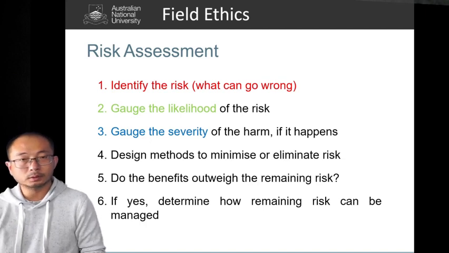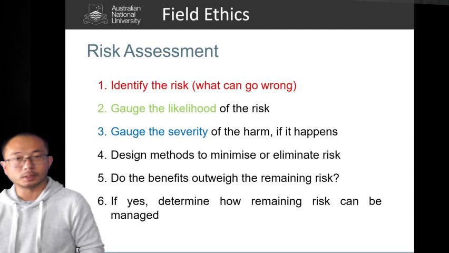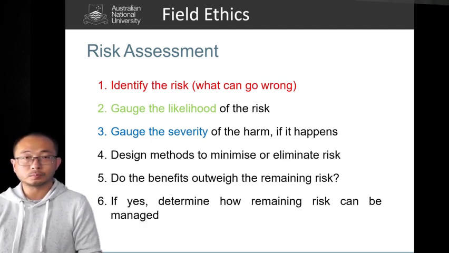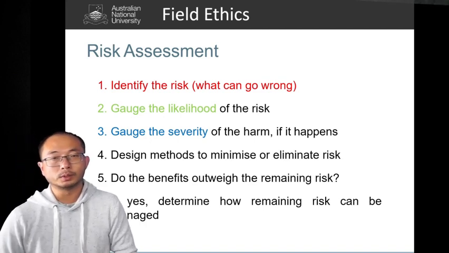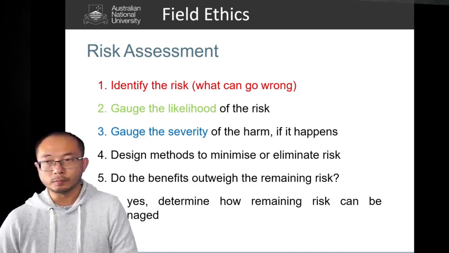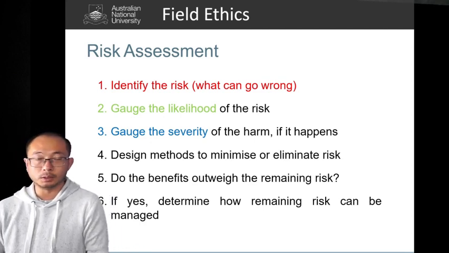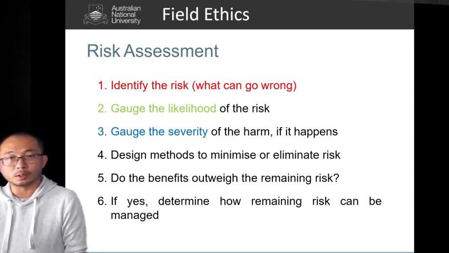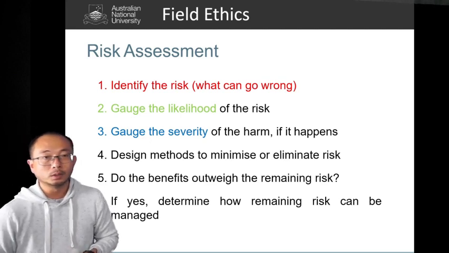Once that's all done, look at it again. Do the benefits outweigh the remaining risk? If yes, how do you manage them? When we work with risk, I have almost never come to a point where risk can be completely eliminated. So that's something that we constantly have to manage. We have to adapt to the situation at the field site.